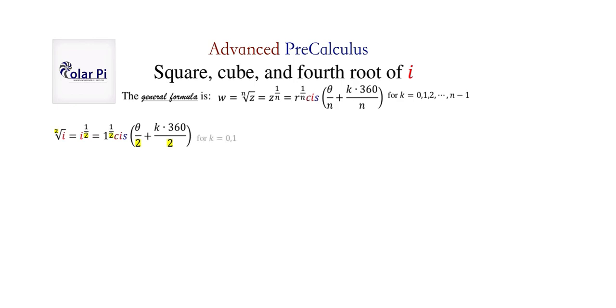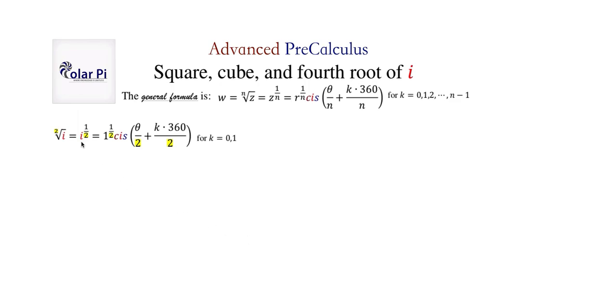Anyway, we see that based on the formula, we have to do k equals 0 and then k equals 1. But again, we've used this formula before in the previous two videos, so no shock. Now this theta here is the principal theta for the complex number i, in other words, this complex number z that we're taking the nth root of, when it's expressed in polar form.